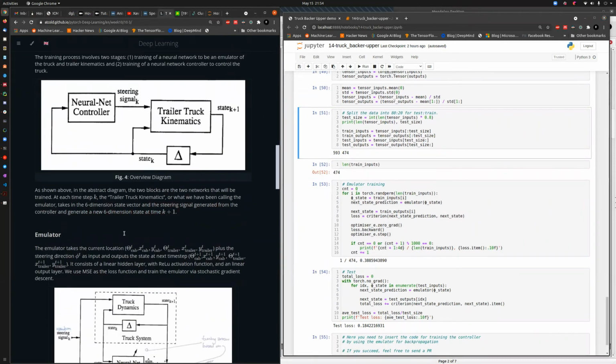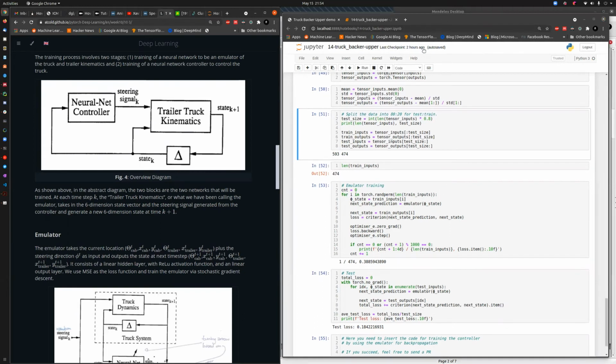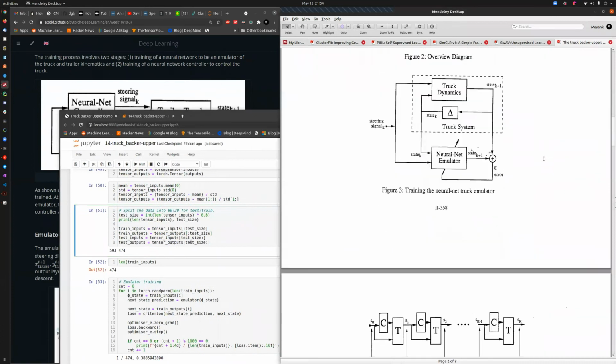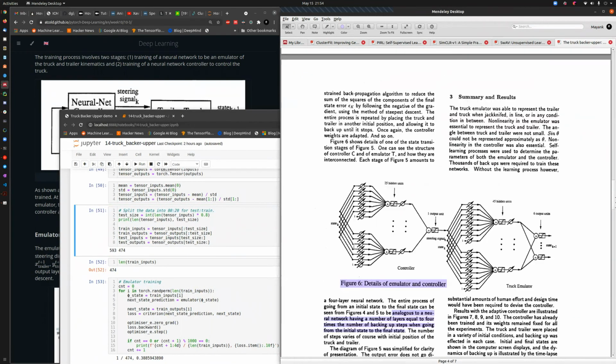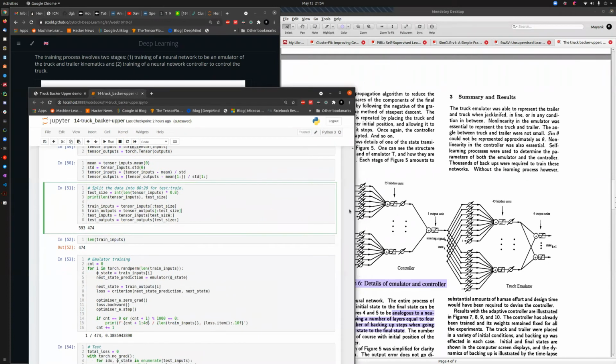I think this is being represented here. If I go to the states here, how do they represent the state here?